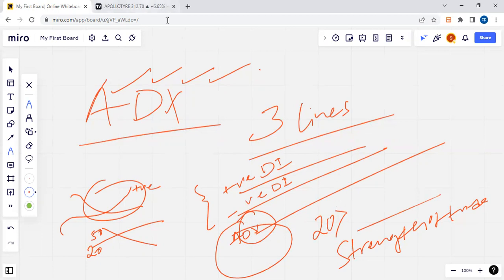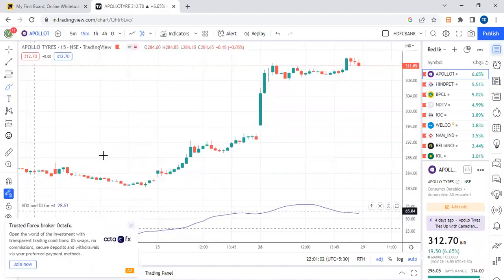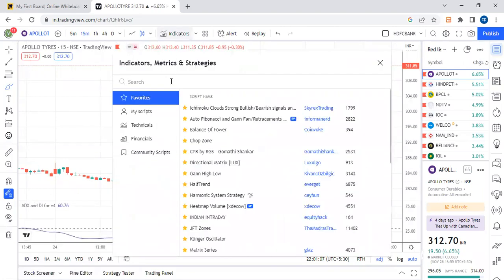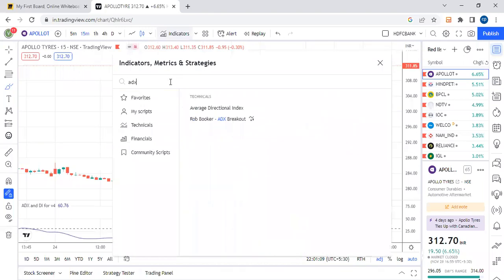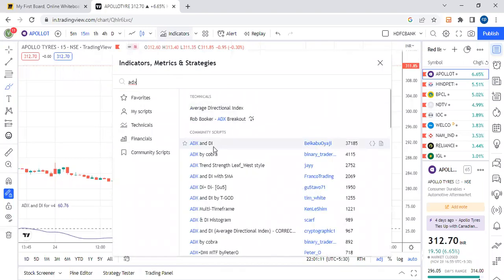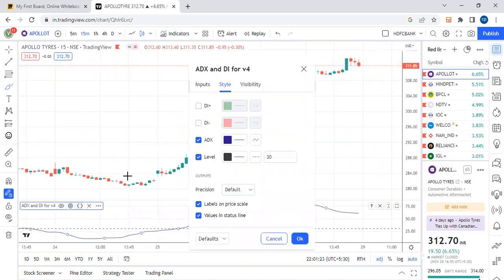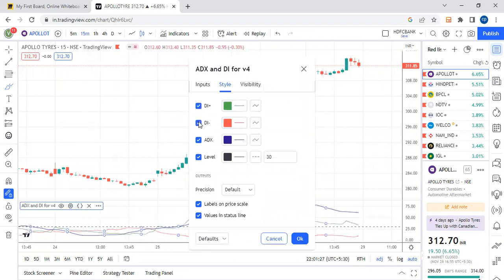Here I have kept this ADX. When you go to indicators, you can select ADX. Here you will have ADX and DI, or else Average Directional Index. Take this indicator, and in settings you have positive DI, negative DI, and another ADX line.